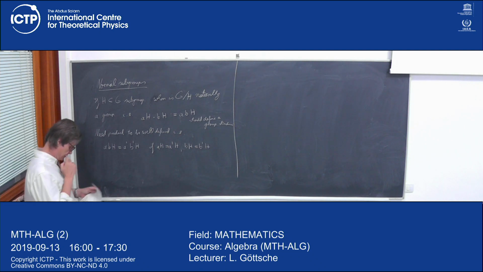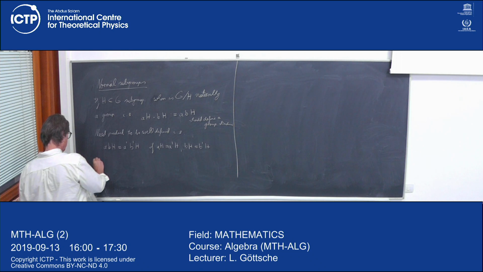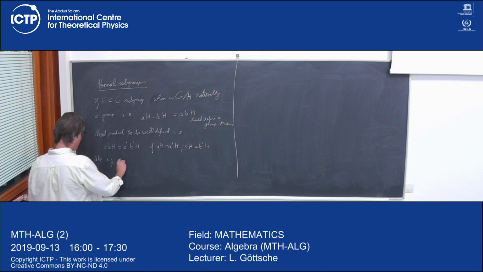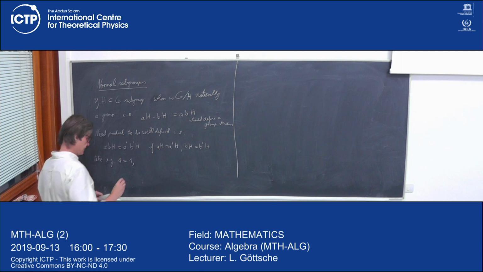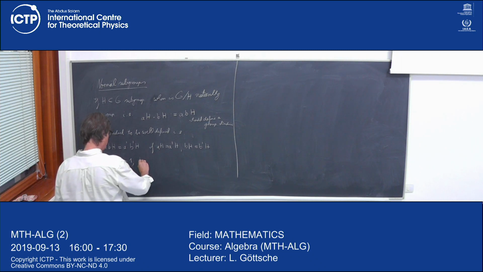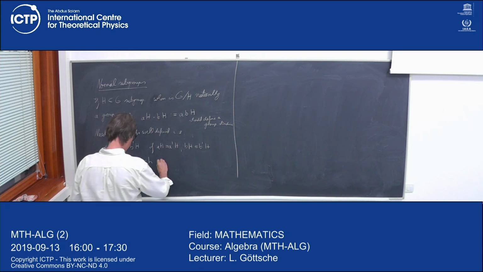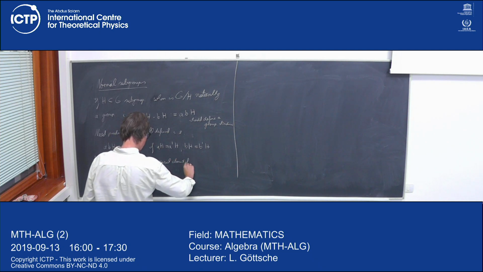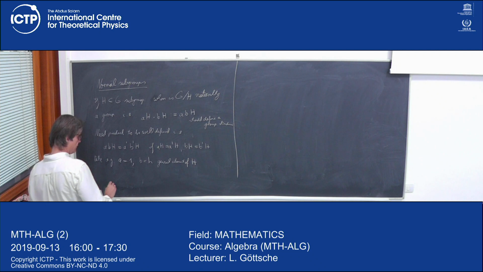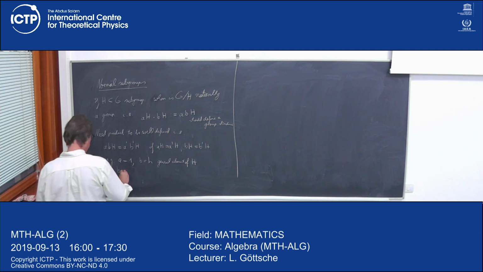For instance, take a to be 1, and then another representative a' to be h, a general element of H, and b I can take even equal to b', a general element of G.